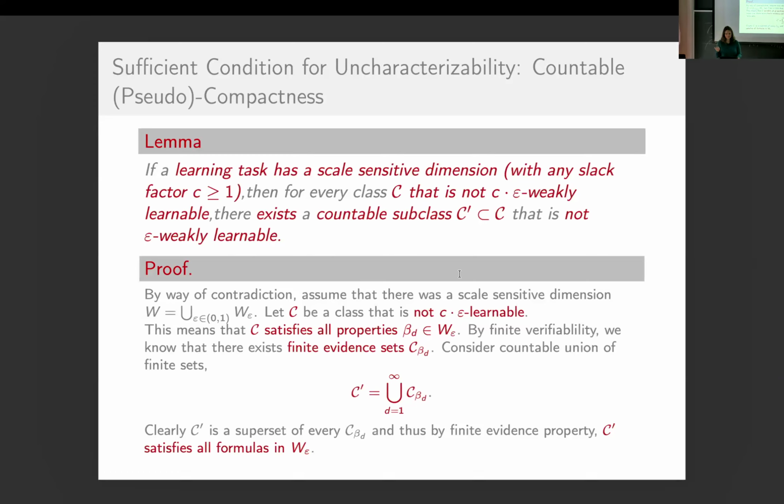This is a countable set. This countable set now has to satisfy all the formulas in W epsilon. And therefore, by the second property of scale sensitive dimension, this countable class is not epsilon weakly learnable.